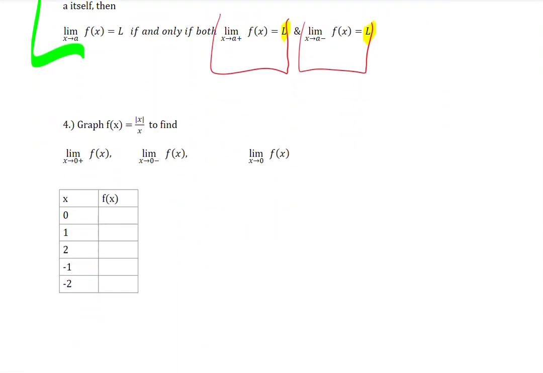Let's look at example number 4 real quick. The function is the absolute value of x over x. I want to look at it from the right-hand side of 0 and also the left-hand side of 0 and see if that limit exists. If I plug in 0, 0 over 0 does not exist. If I plug in 1, 1 over 1 is 1. If I do 2, 2 over 2 is still 1. If I plug in negative 1, that's absolute value over negative 1, so it's negative 1, and again I'm going to get negative 1.